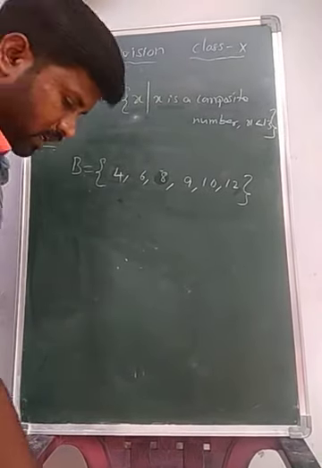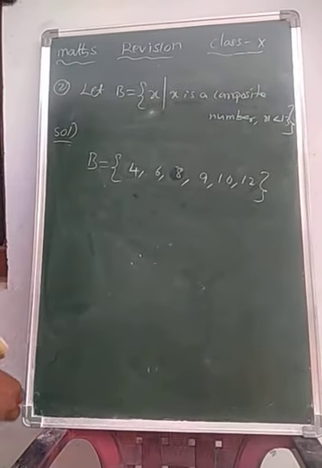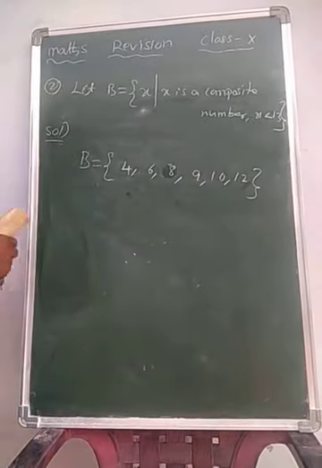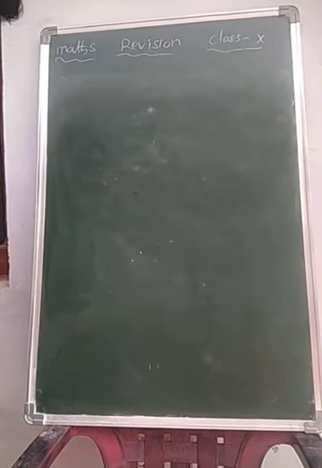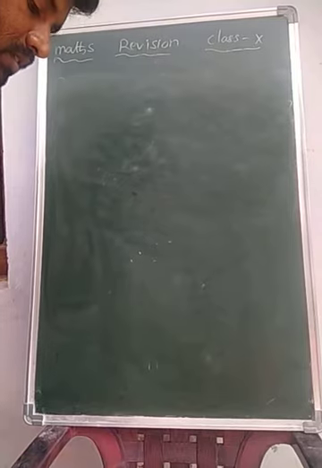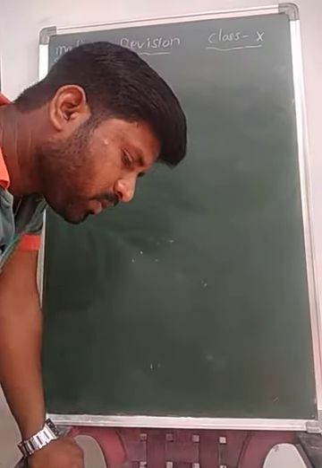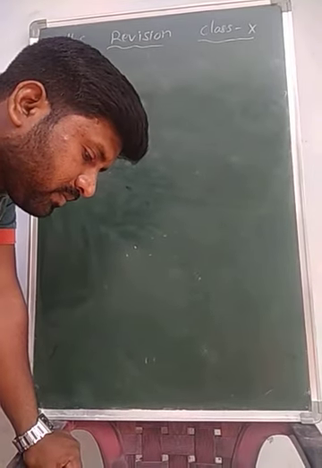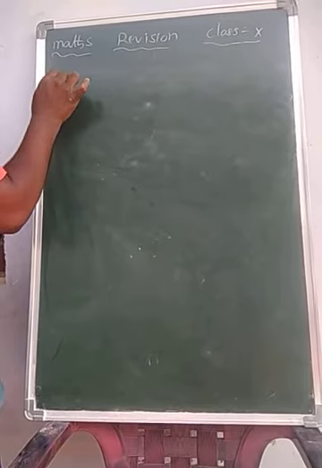Okay, now another question is given here. Write all the possible subsets of A. Question number 3.